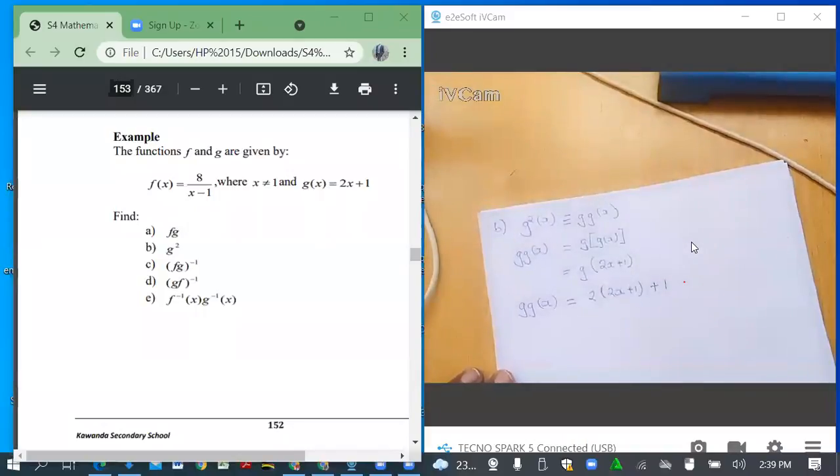Are you together? Open this bracket. This one will give us 4x plus 2, plus 1. So we shall have 4x plus 3. So that's our g squared of x.